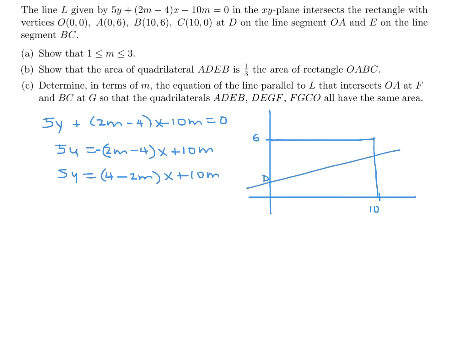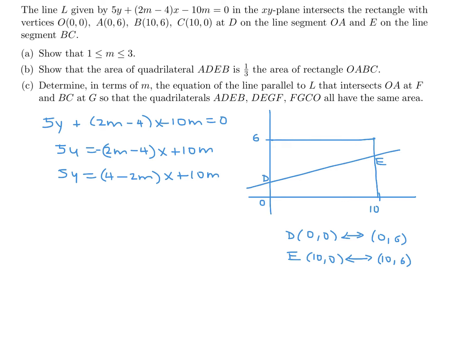So this is my D and this is my E. D looks like it could be anywhere from (0, 0) to (0, 6). And then E, similarly, it looks like it could be anywhere from (10, 0) to (10, 6). So those are the boundaries for D and E.